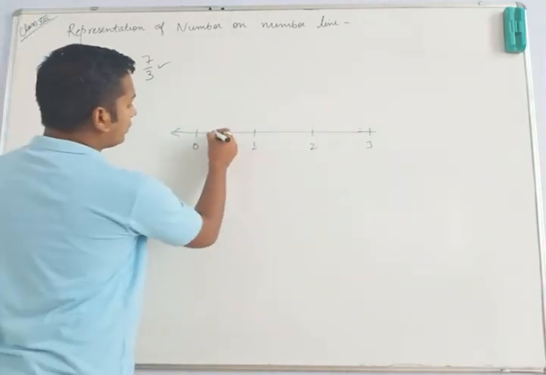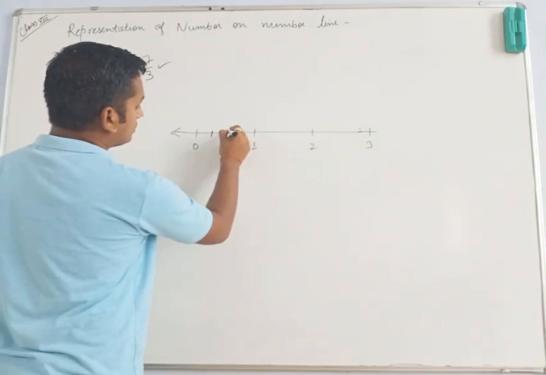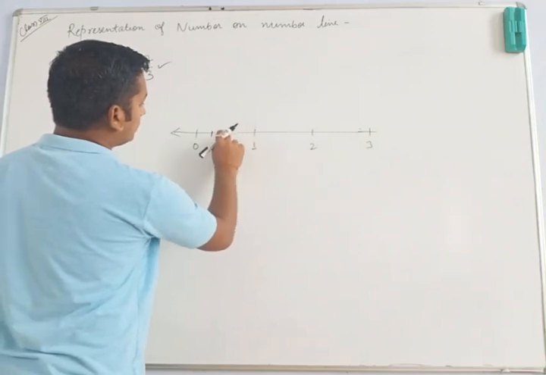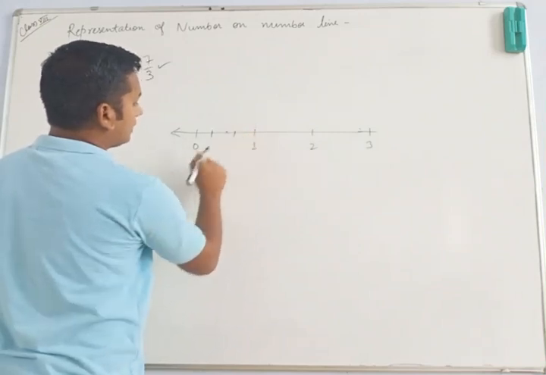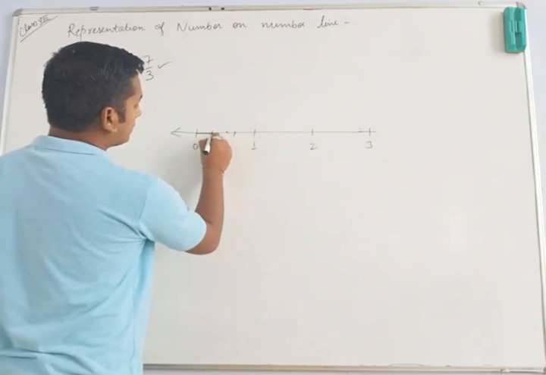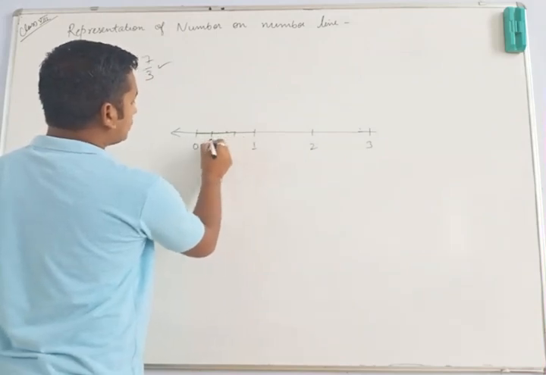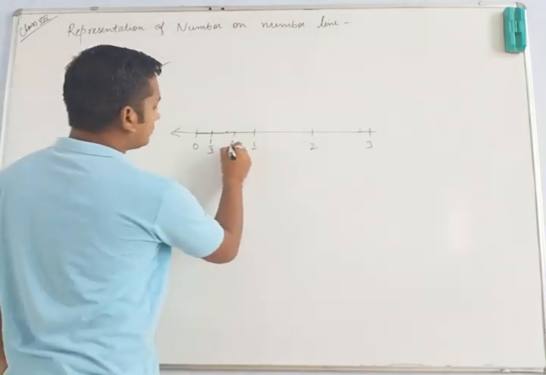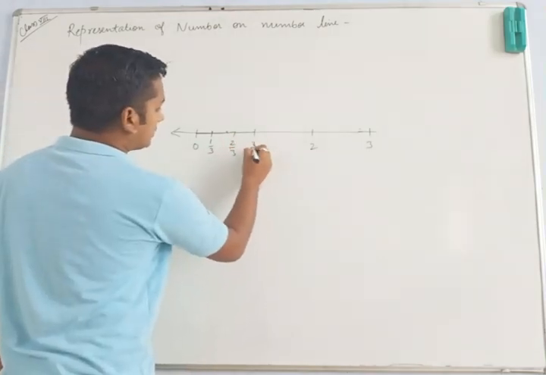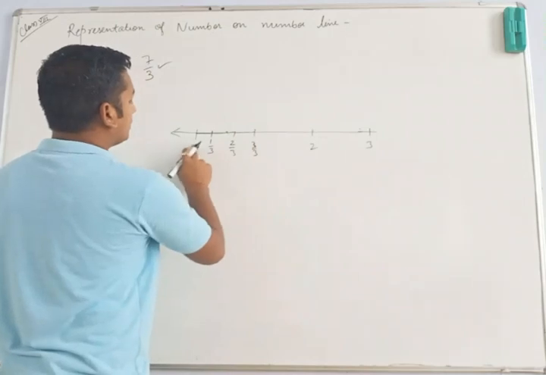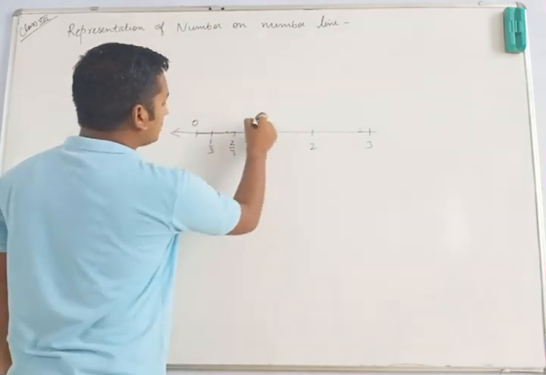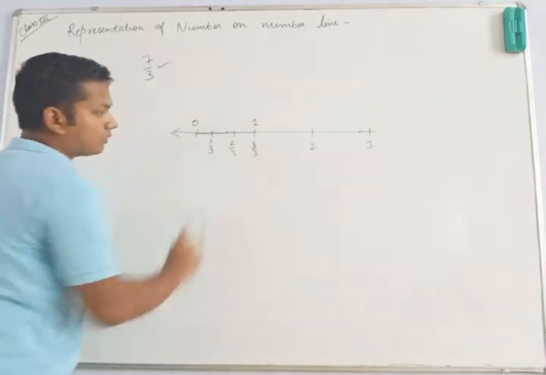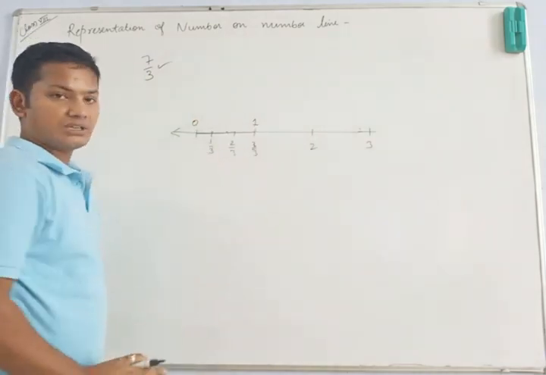So the first part becomes 1 upon 3, this becomes 2 upon 3, and this becomes 3 upon 3. And 3 upon 3 is 1. So 1 has come now.